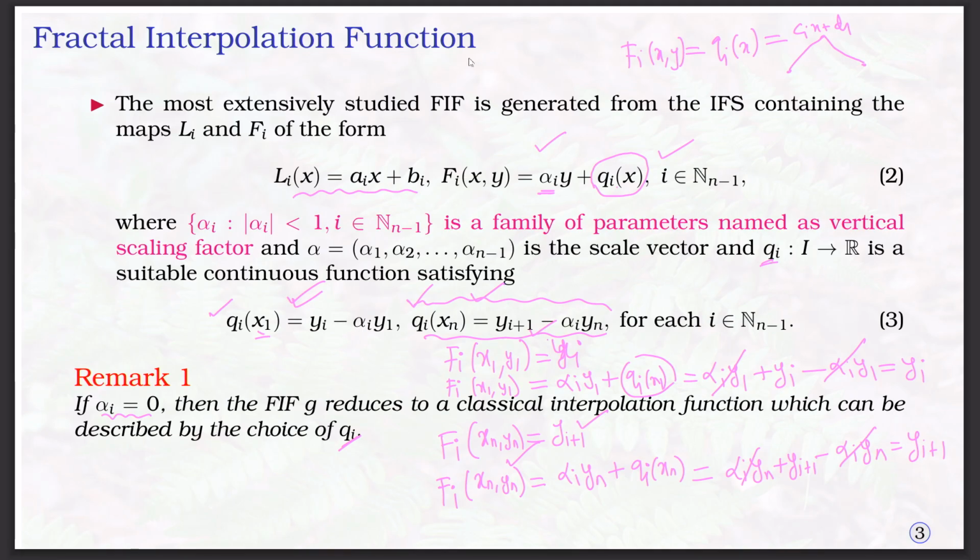Therefore, the fractal interpolation function is considered a generalization of the classical interpolation function, as one can take alpha equal to 0 in this form and it reduces to the classical one.